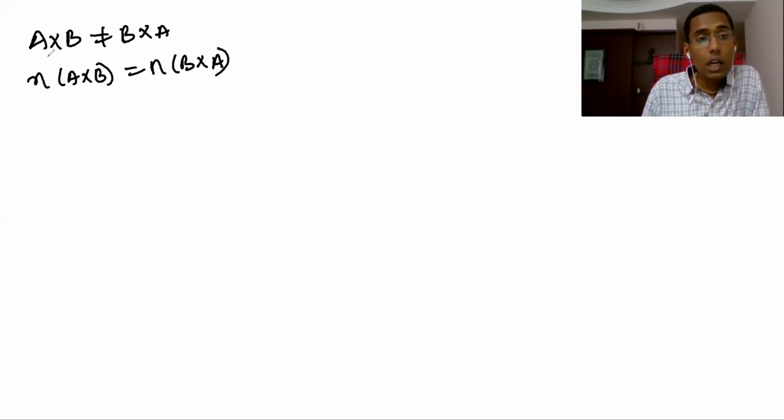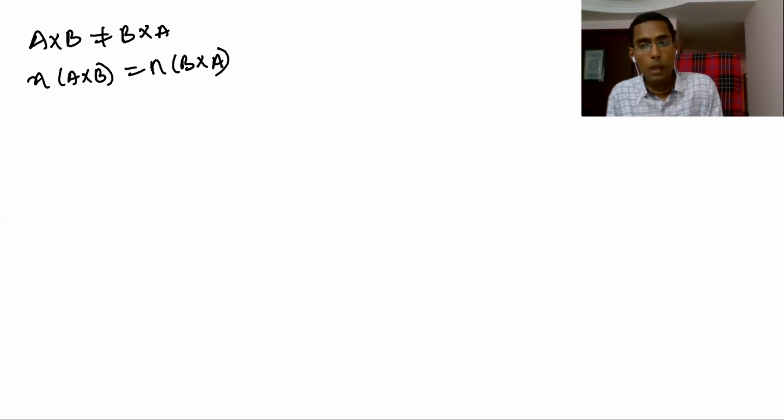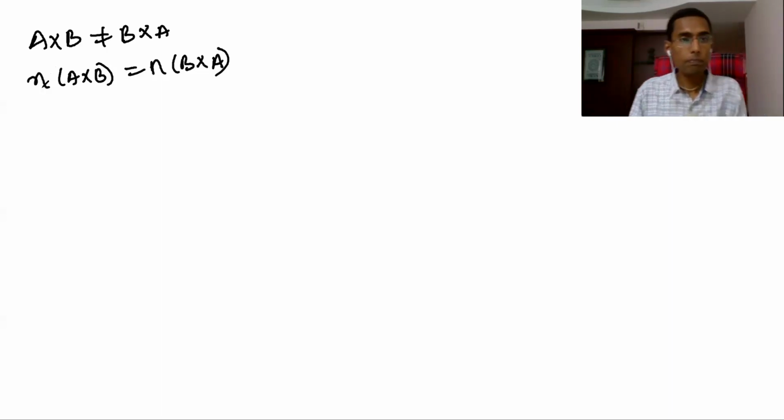Here understand that A cross B is also a set, but set of what elements? Ordered pairs. This is a set of ordered pairs. Okay, all right. So this is a Cartesian product, and then we'll go to next.